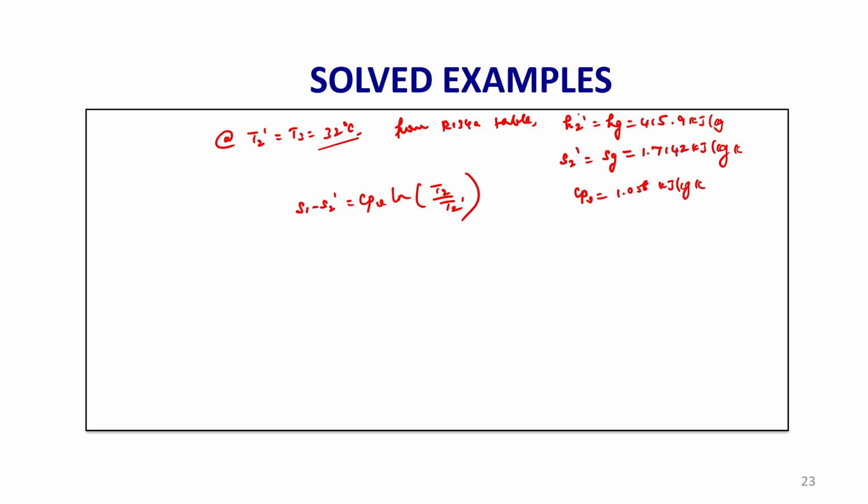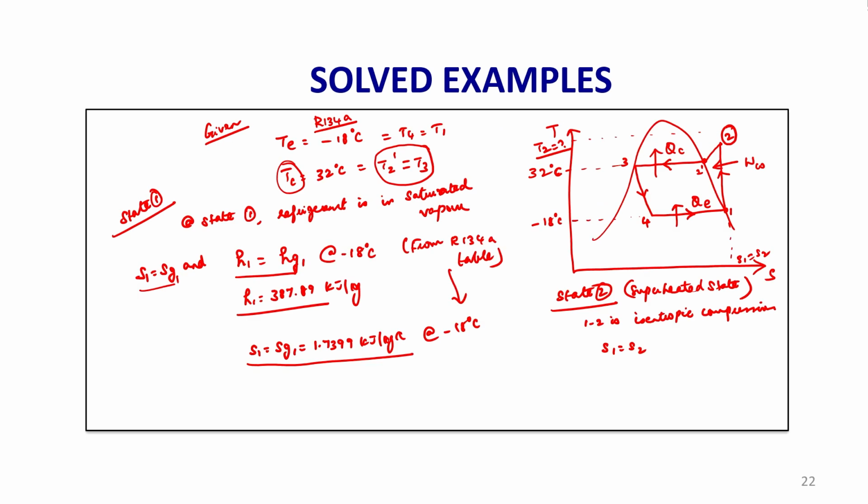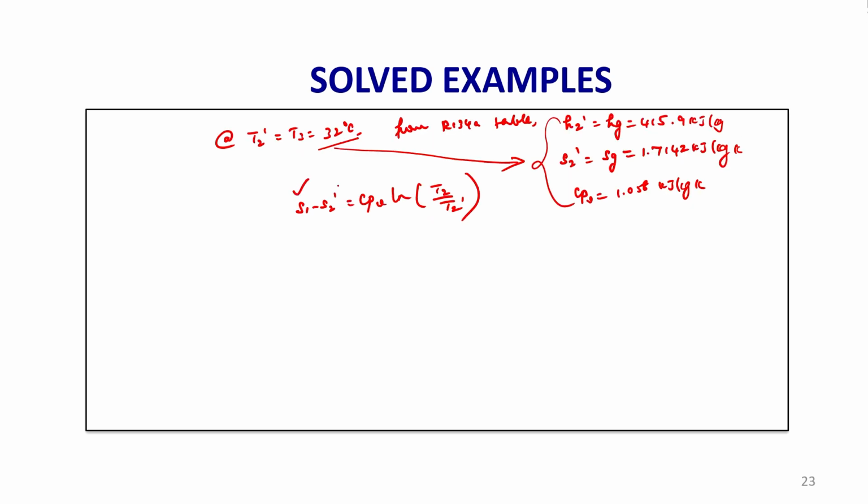So these three values have to be taken for this temperature. Now, entropy at 1 we know, and entropy at 2 dash I have found. So this is known, and Cp of vapor is known.